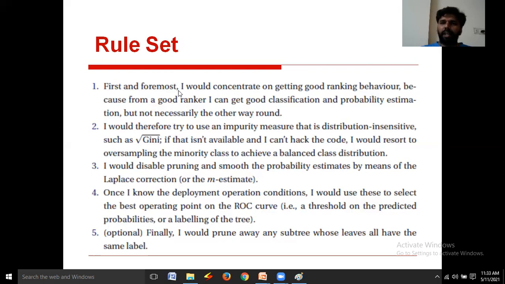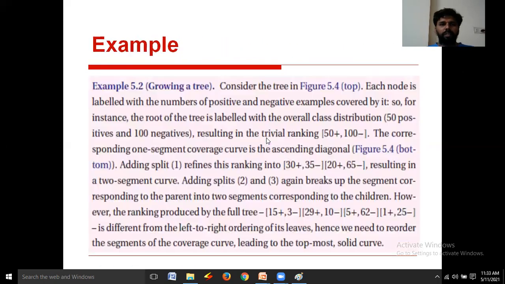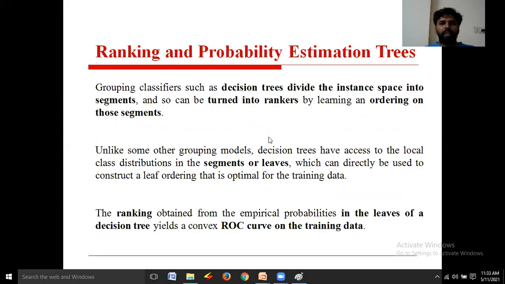We already discussed all these rules in this video from the start till now. This is about ranking and probability estimation trees. Till now what we discussed, I would like to recap.